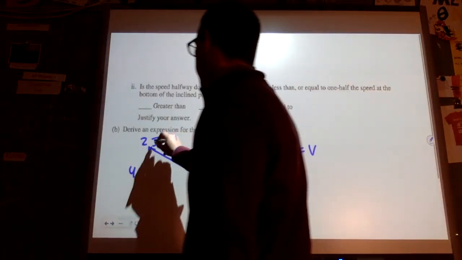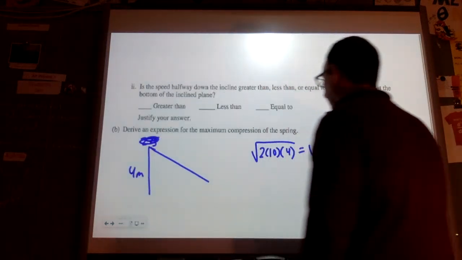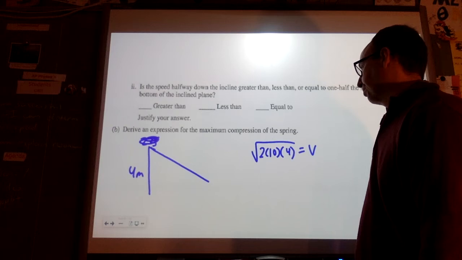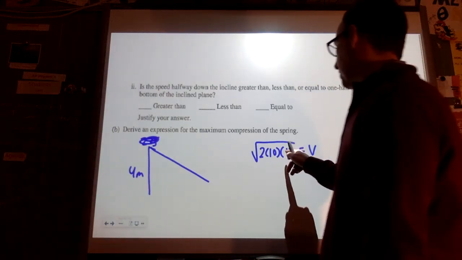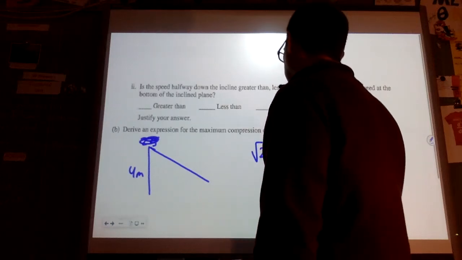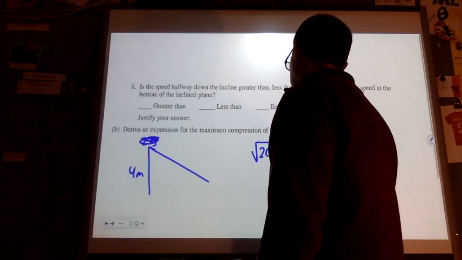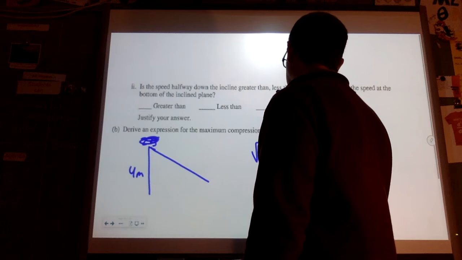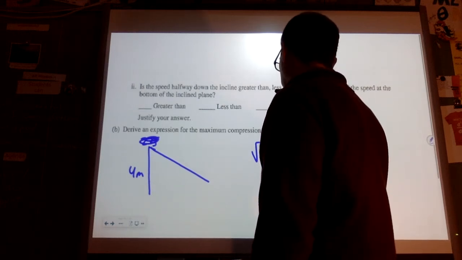Actually, I should see what this energy is and then make that the energy. So that's going to be 80. I want to pick something, so let's make the height 1.